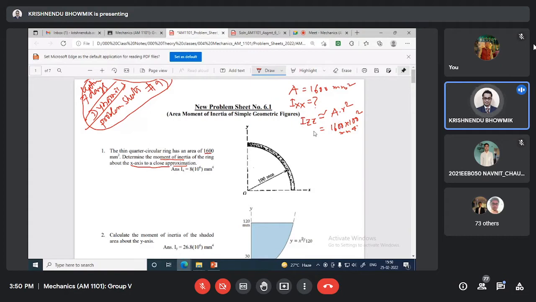This is Izz. And due to the symmetry, we know this relationship is always valid: Ixx plus Iyy equals Izz. And if you take respect to x or y, it is the same due to the symmetry. So Ixx will be Izz by 2 and you will get the answer.